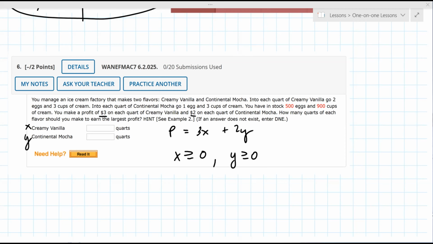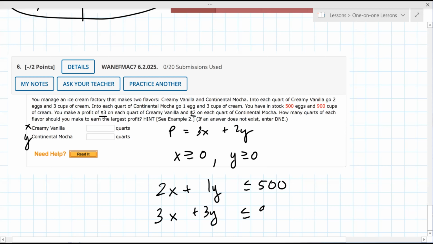Is it 2x plus y equals 500 and 3x plus 3y equals 900? So the eggs equation is 2x plus 1y less than or equal to 500, and then 3x plus 3y less than or equal to 900. Oh yeah, I just didn't do the less than or equal to. Okay.